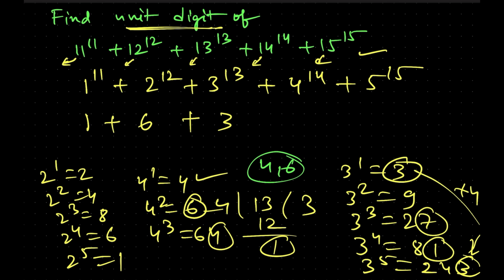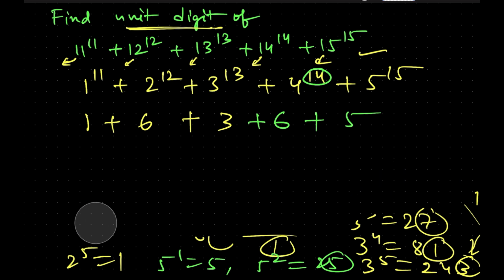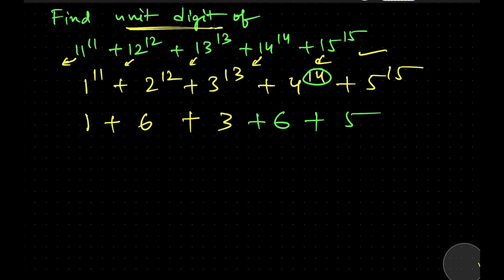Here the power is even, so we will get 6. For 5, at any power of 5 we get 5 only at the units place, so here also 5. Now it has become very easy, we just have to see the repetitions that occur.